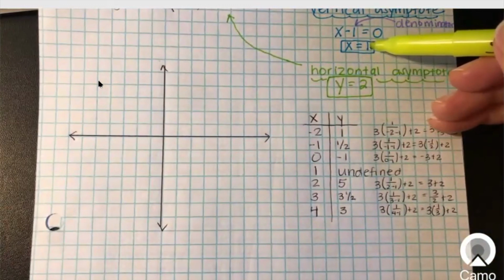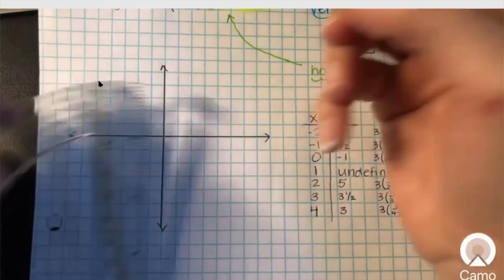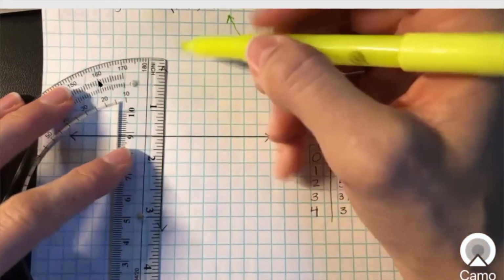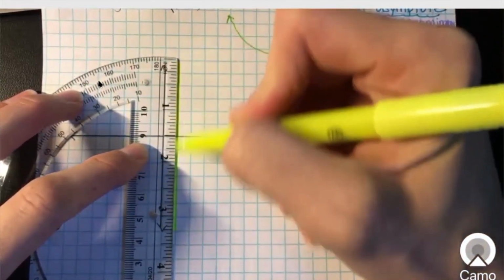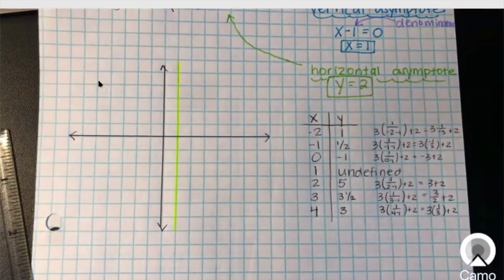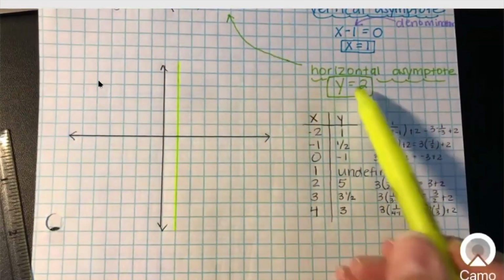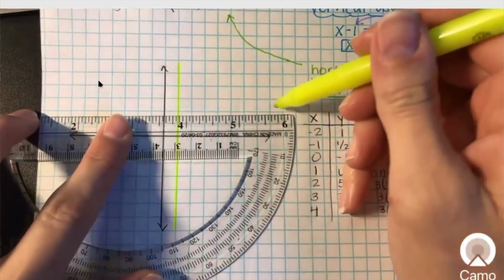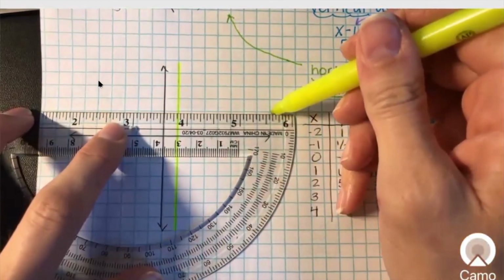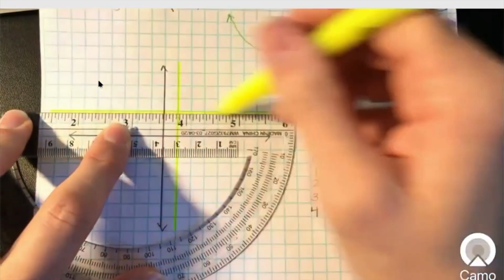So we have an asymptote at x equals 1. So I'm going to include that here, vertical asymptote at x equals 1. Okay. And then I have my horizontal asymptote at y equals 2. So y equals 2 is right here, and it's horizontal through 2.